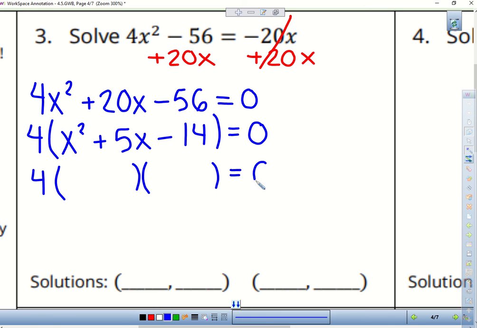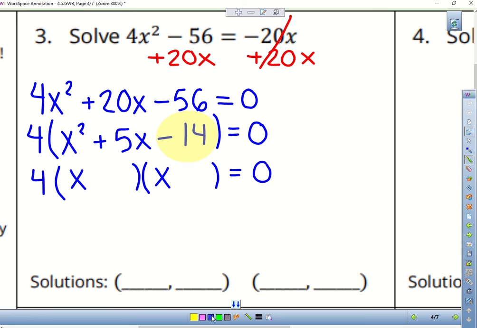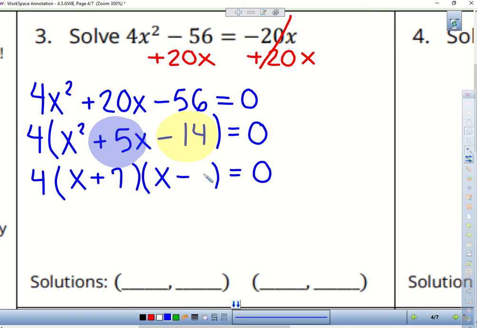So do you remember doing this last week? Factors of negative 14 that add up to positive 5. Any ideas? Good, 7 and negative 2.